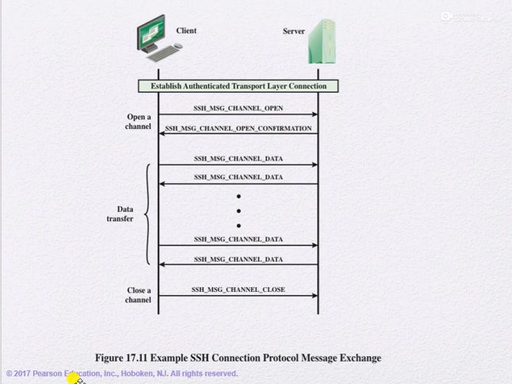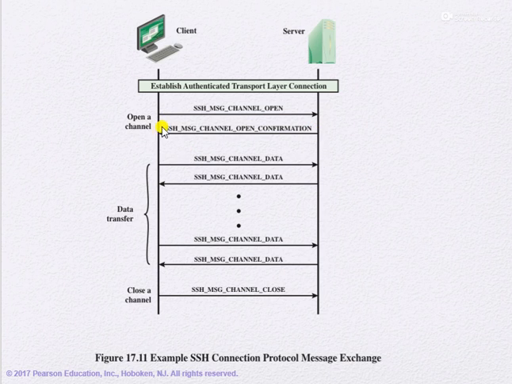Okay, this diagram shows the exchange of the messages during the connection protocol. So as we know, the life of a connection consists of three phases: open a channel, data transfer, and close a channel. When you are going to open a channel, the message being sent is SSH message open channel, and when the channel has been opened, a unique local number is assigned to this channel, and then messages can be sent on the channel.